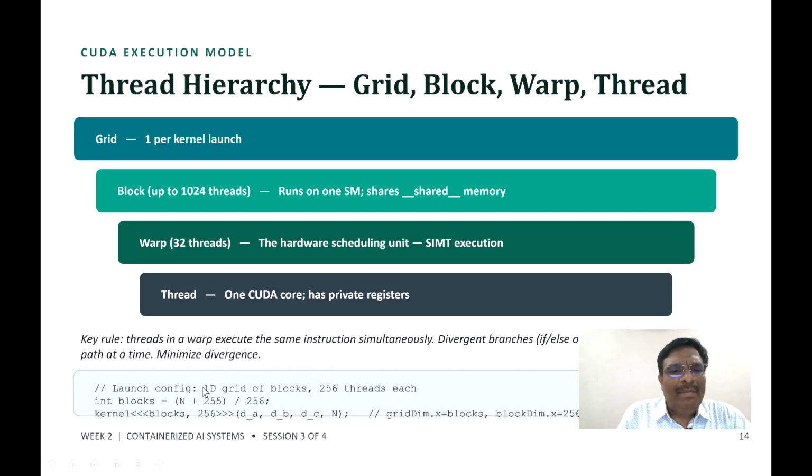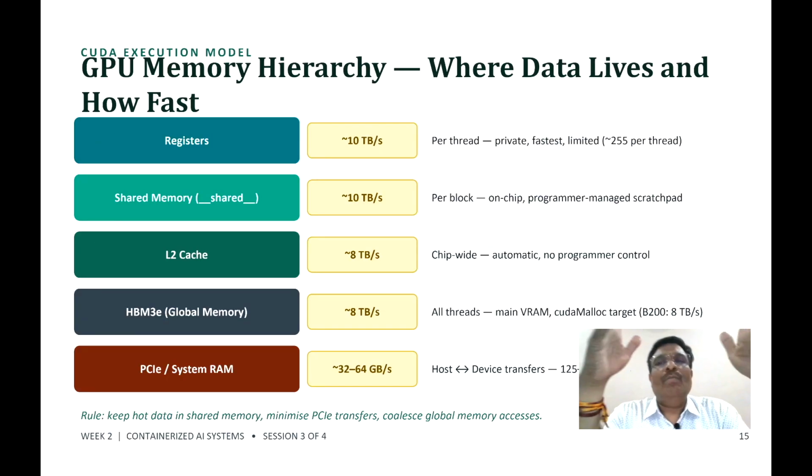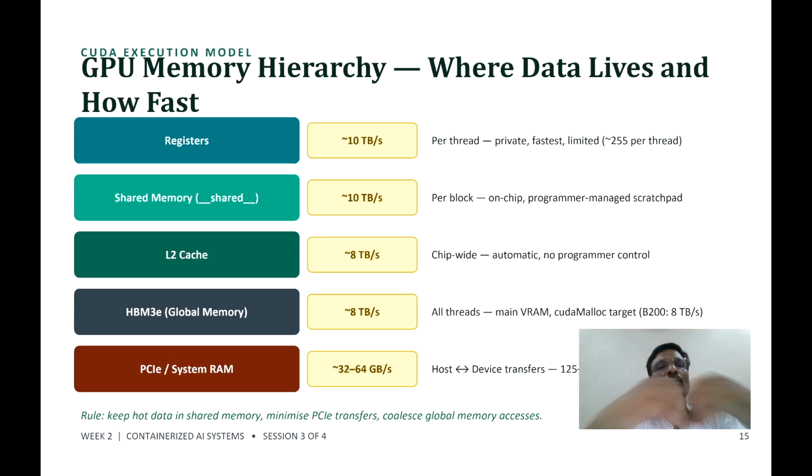That basically means we have a specific way of running the threads that execute the kernels. And this is how the GPU memory hierarchy looks: you have registers, you have shared memory space in terms of blocks, and then there are certain things in terms of grids.